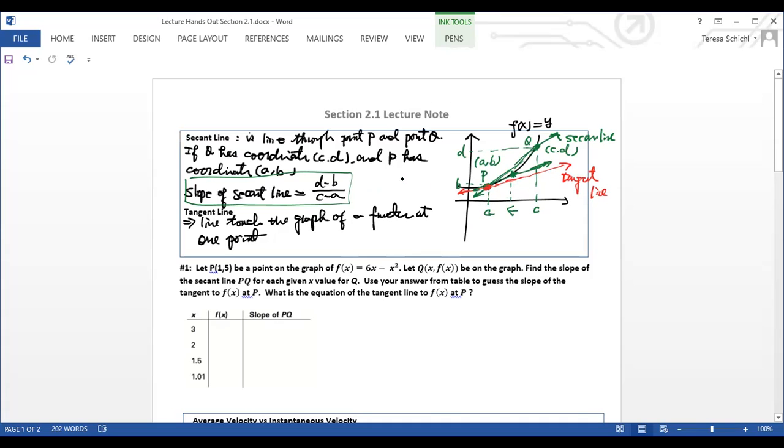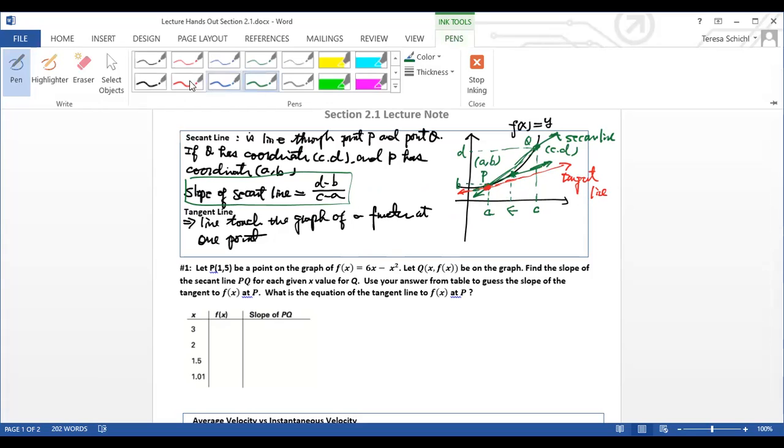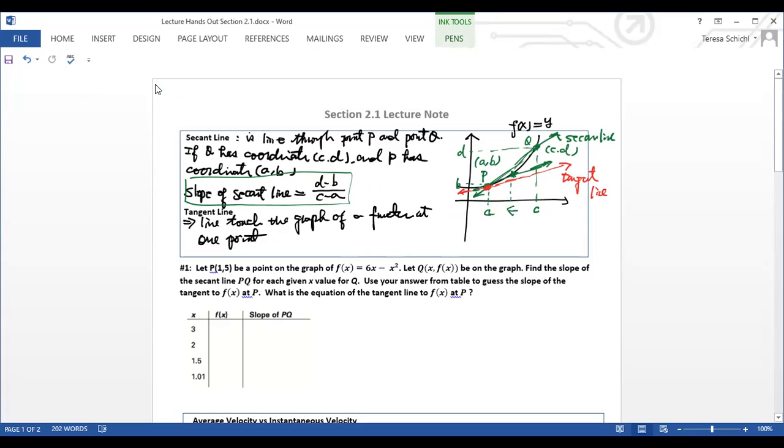line here, right? So the reason why we want to introduce this is that when the C gets closer to A, then the secant line becomes closer to the tangent line, right?